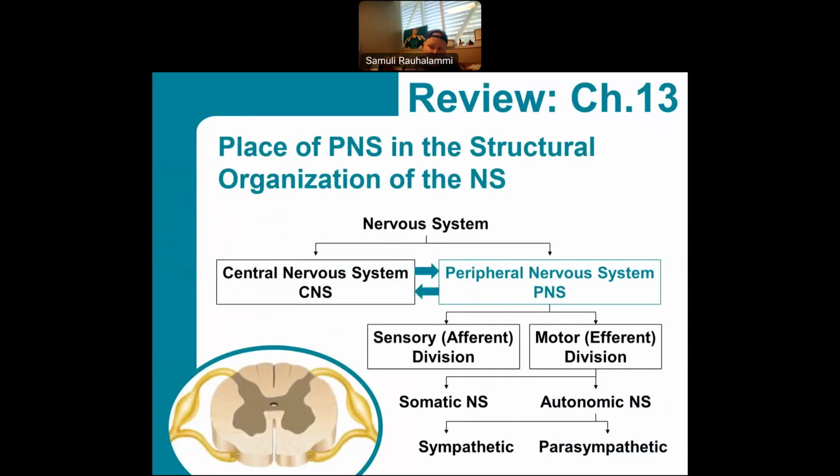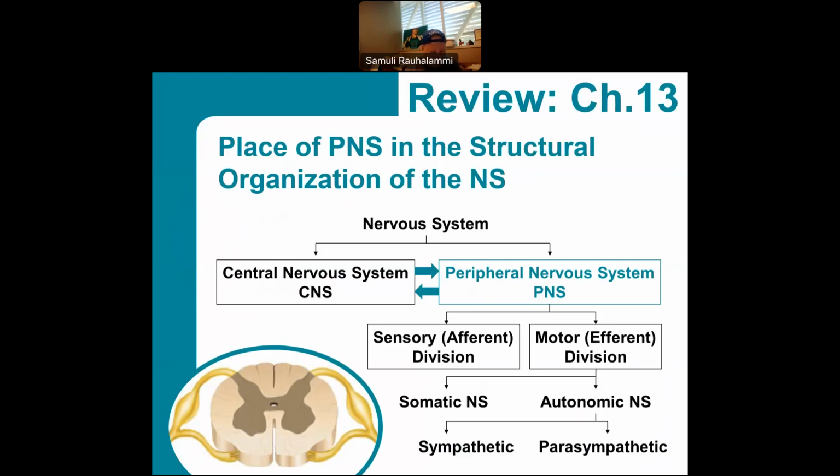When we think of the function of the peripheral nervous system, it really links the central nervous system to the external world. So we're collecting information from the outside world and passing it to the central nervous system through the peripheral nervous system, but we're also conducting commands, for example, for actions from the central nervous system to those effector organs in our body through the peripheral nervous system.